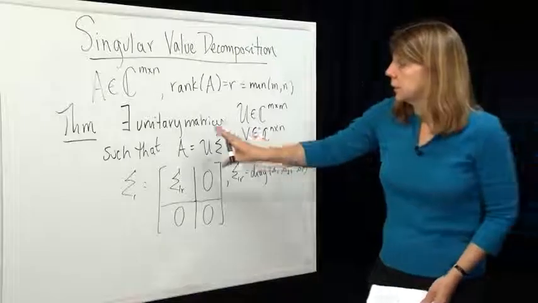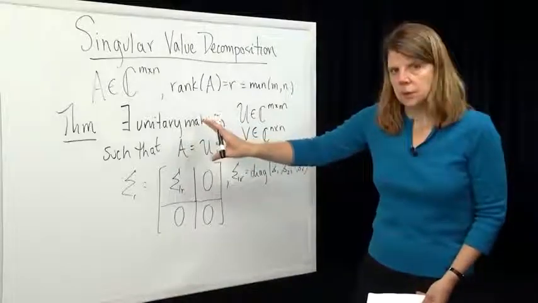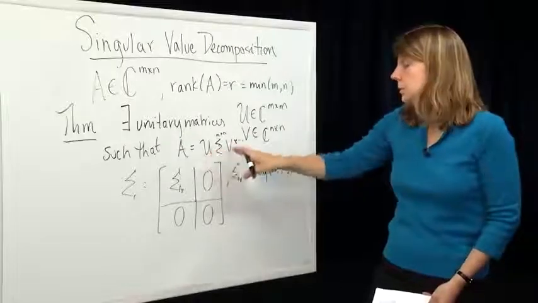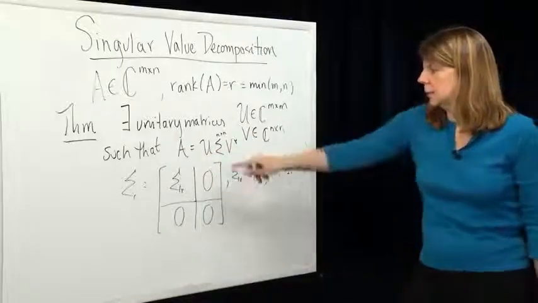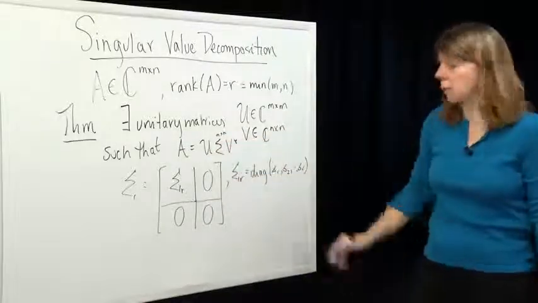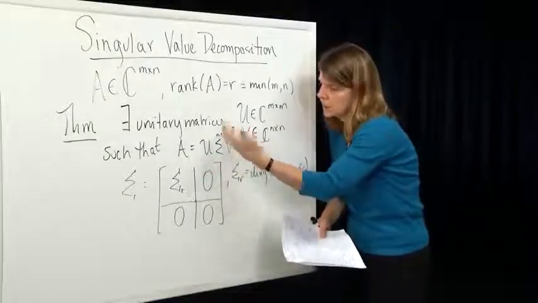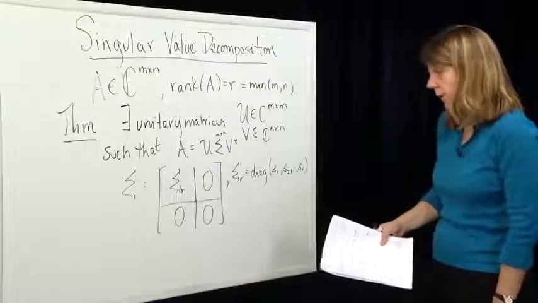Now the theorem states, and this is the theorem that we're not going to prove, the existence of such unitary matrices, U and V, such that A can be decomposed into this form. And it's this form that turns out to be very useful as we use this further in linear system theory.